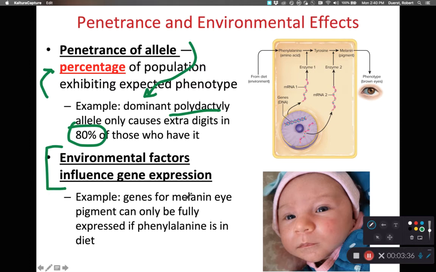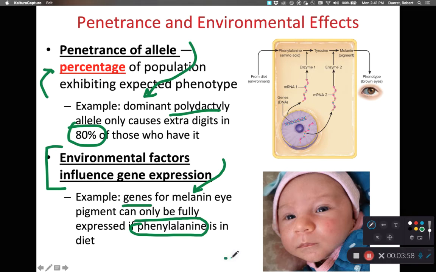A classic example of that is pigmentation of the eyes. Newborn children don't have a lot of pigmentation of their eyes yet. The genes that control the melanin production within the iris of the eyes can't be fully expressed until the amino acid phenylalanine is in the diet.